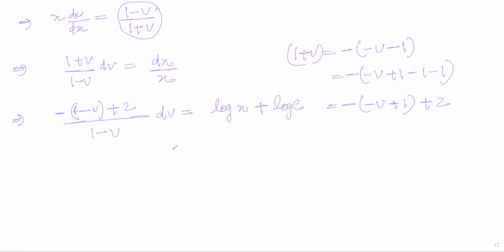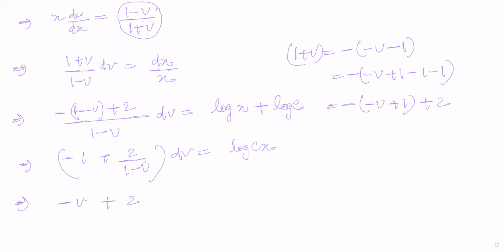Take log c as. So this would be minus 1, and this becomes plus 2 upon 1 minus v into dv is equals to log of cx. When we multiply minus 1 with dv, this becomes minus of v when we integrate it.